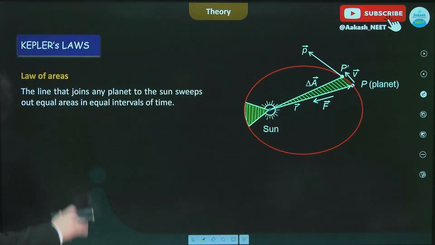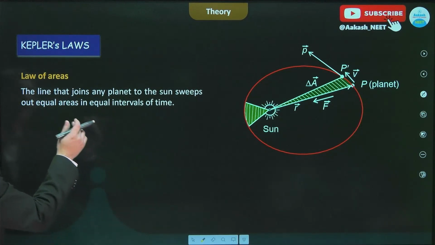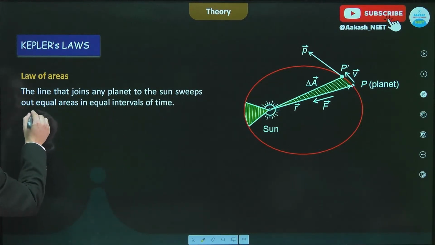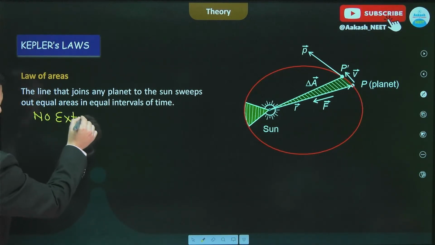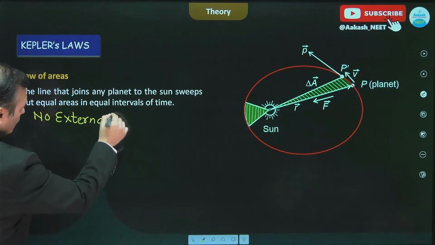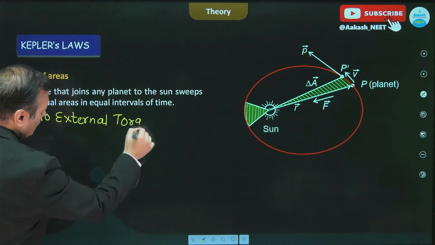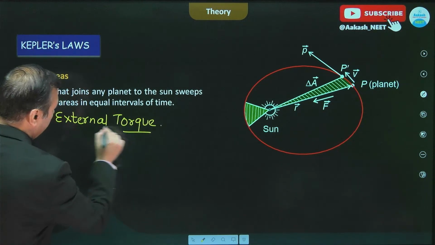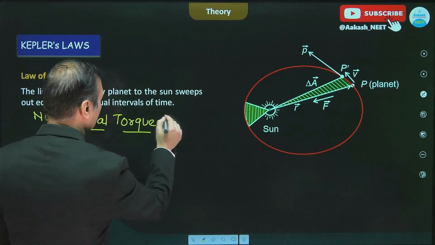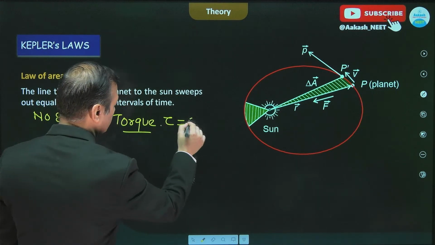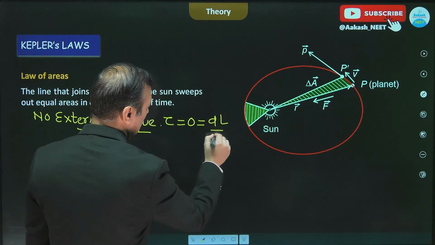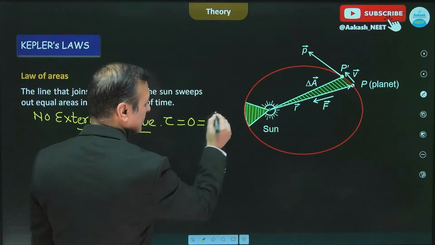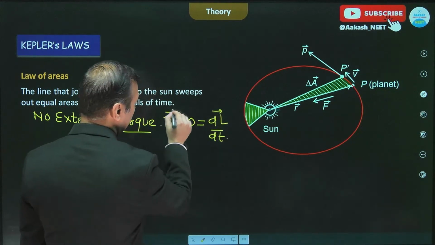So this is all a story about the very basic concept, because there is no external torque. So if there is no external torque, torque is 0, and we know torque is dL by dt. This is in vector form.